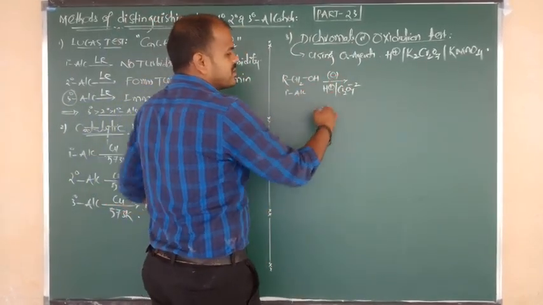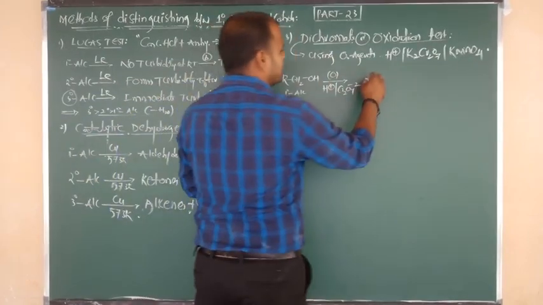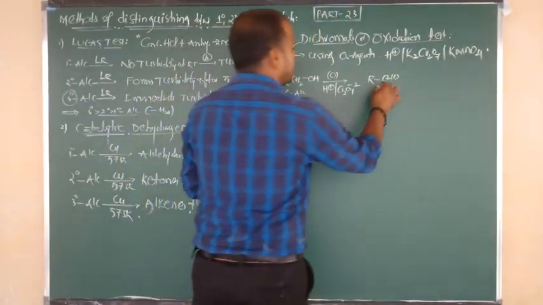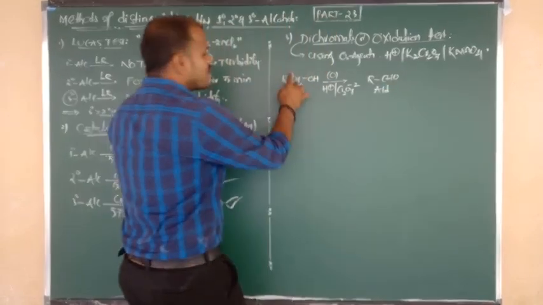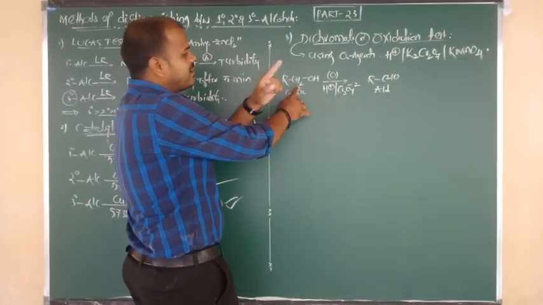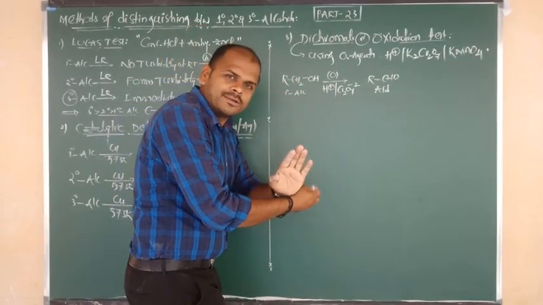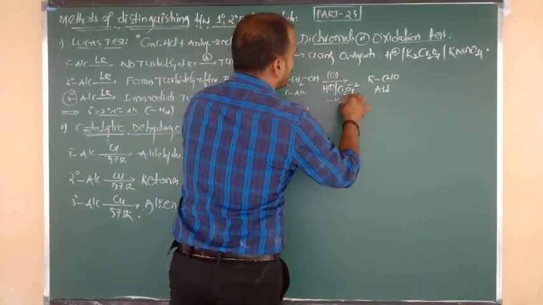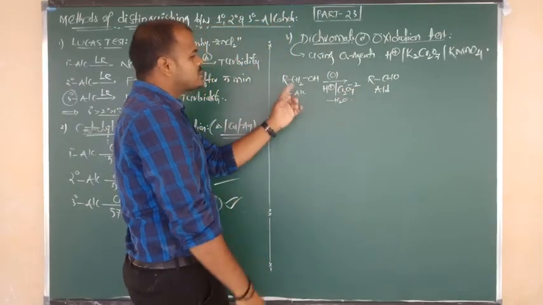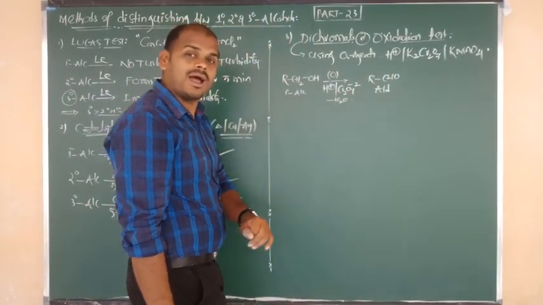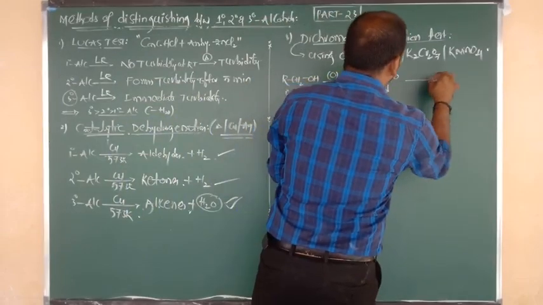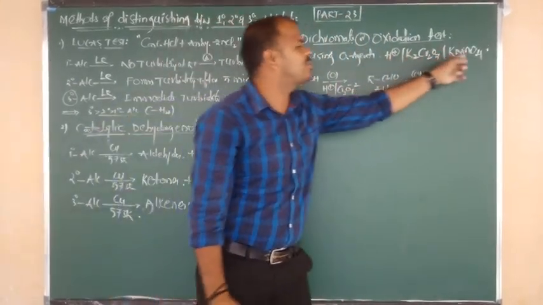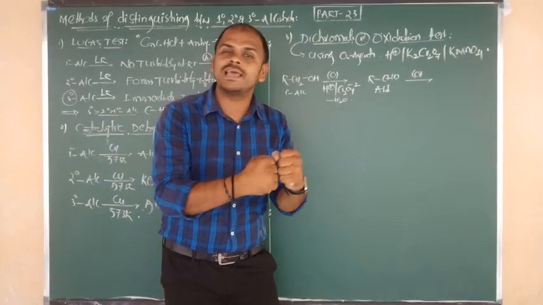Primary alcohols upon oxidation generally give aldehyde. What is the formula of aldehyde? RCHO. So from CH2 we remove one hydrogen, and from oxygen we remove another hydrogen. The two hydrogens combine with O and are removed in the form of H2O. So primary alcohols upon oxidation give aldehyde.